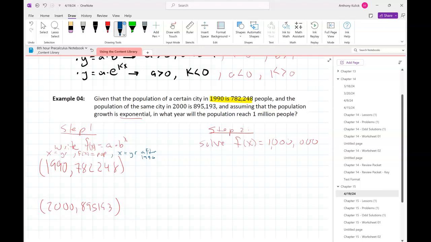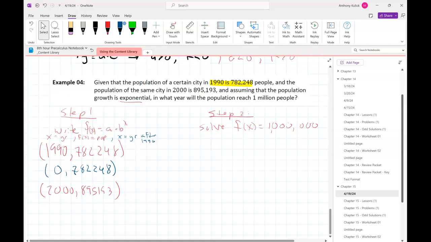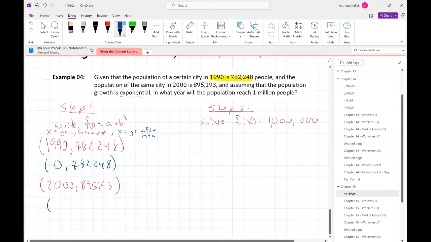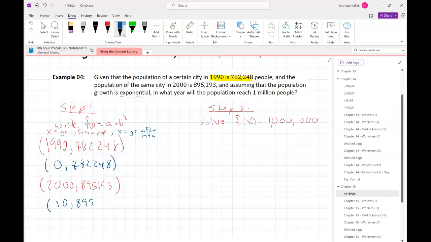So if I do that, 1990 turns into 0, and I'm super excited about that, because that makes my life way easier. And then 2000 turns into 10. This is a super common trick. It just makes your life a lot easier because you don't have to solve a system anymore. It just becomes, whoop, there's my a.